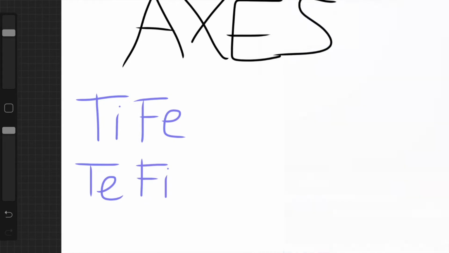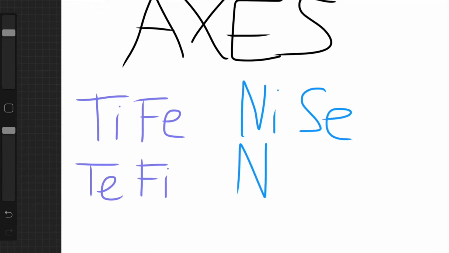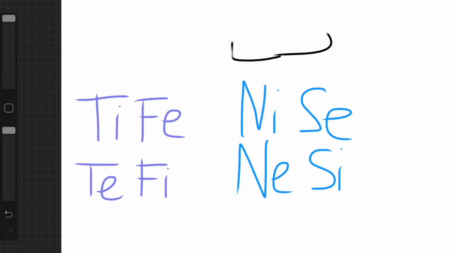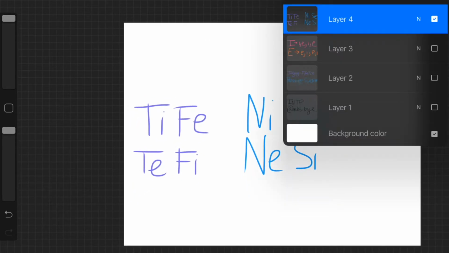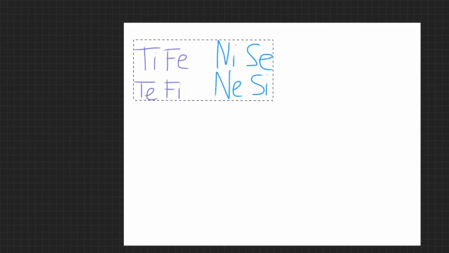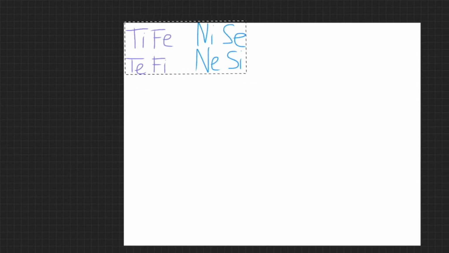You can't have one without the other. Remember, these are two separate duos. For perceiving axes, we first have Ni and Se, and Ne and Si. I'm going to put these in the corner so that we can consult them, as these are the driving force behind function stack orders.